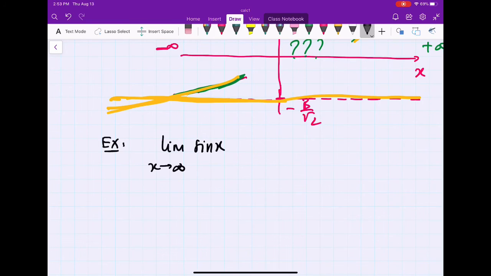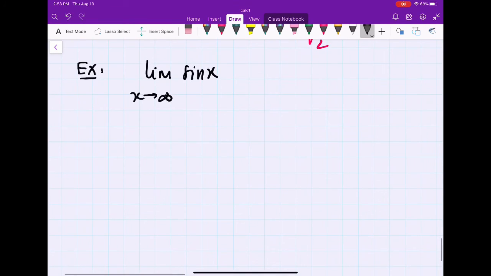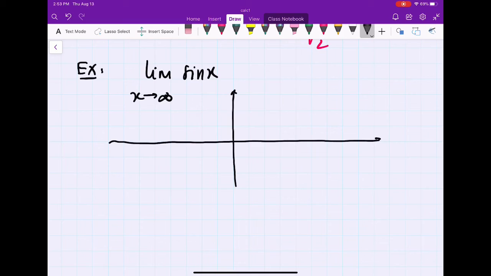Okay, so if you remember the graph of the function sine, right? So how does it look? Okay, so sine 0 in here, let me see, that is pi over 2, that is pi, 3 pi over 2, 2 pi. At pi over 2, you go to 1, right?